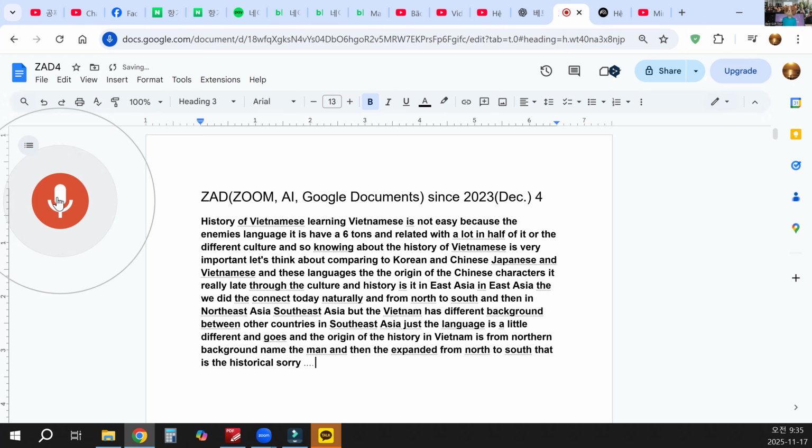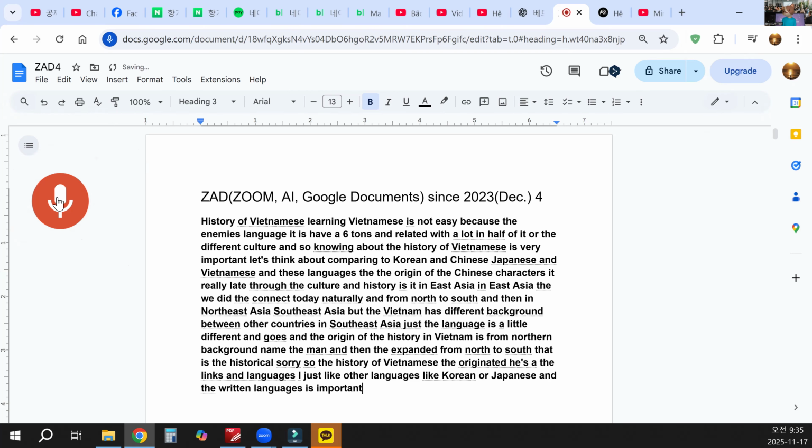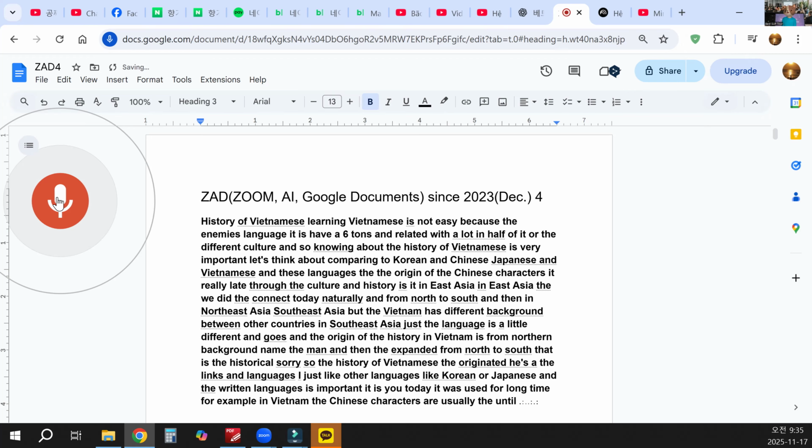So the history of Vietnamese originates in the written language, just like other languages such as Korean or Japanese, and the written language is important. It was used for a long time. For example, in Vietnam, Chinese characters were used until the 12th century, and all the documents were written in Chinese characters.